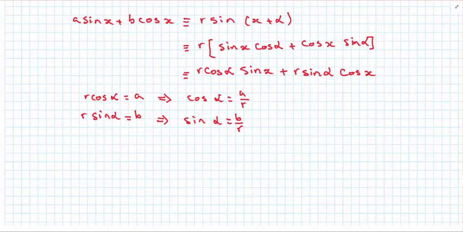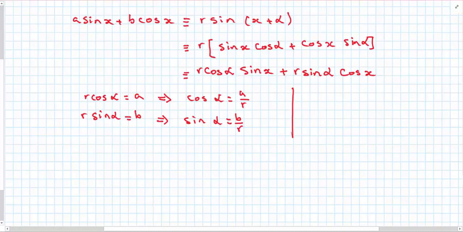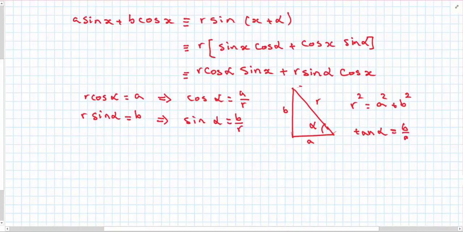I can draw a right angle triangle showing that relationship in terms of alpha. There's my r, there's my alpha. Cos is adjacent over hypotenuse, and sine is opposite. So you can see that by Pythagoras, r squared is a squared plus b squared, and by our trig relationships, tan alpha is b on a.